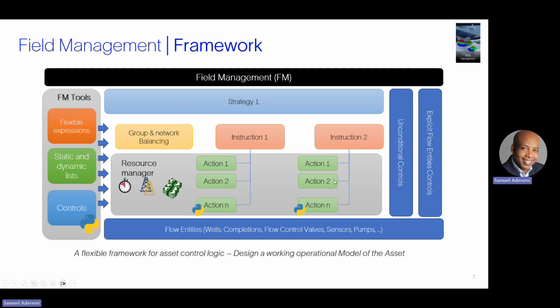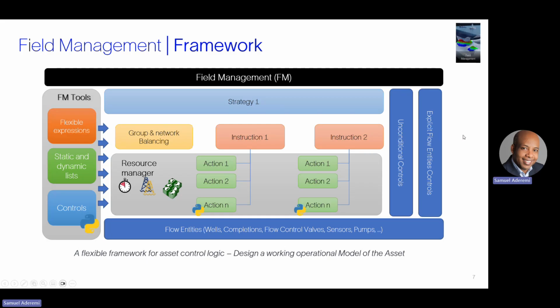So you have different actions being triggered in your instructions: if production goes beyond this, maybe drill a well, perform this task, do whatever that you want to do. So you can set up your instructions with your actions, and once they are triggered, they help you to be able to model your field strategy development in a more realistic way.